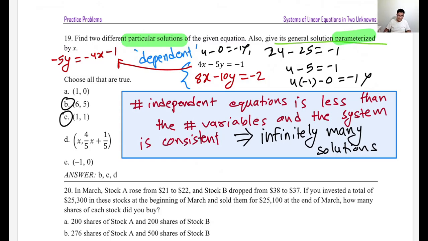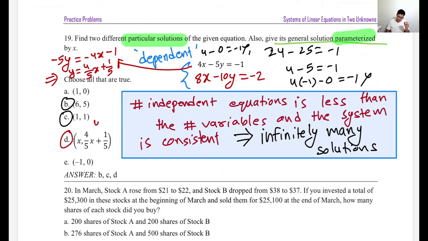Move the 4x to the right side and divide both sides by -5. You get y equals 4 over 5 x plus 1 over 5. When you divide by -5, the minus signs will cancel. And you can see that that's what is in option D.